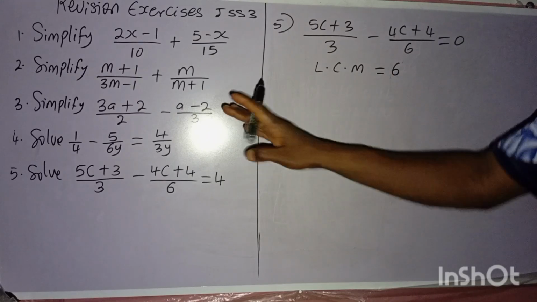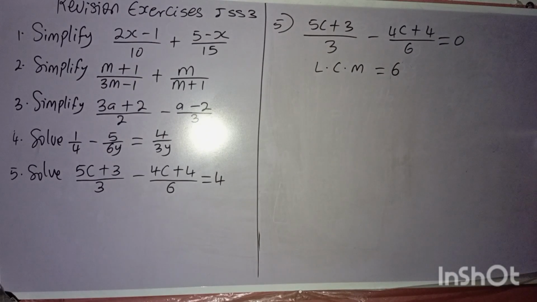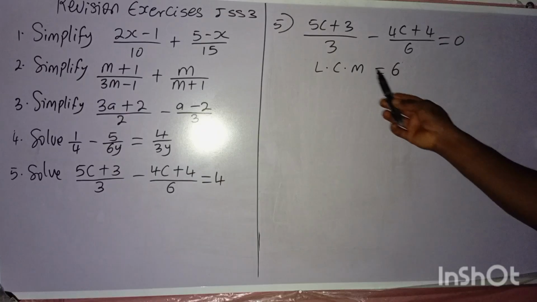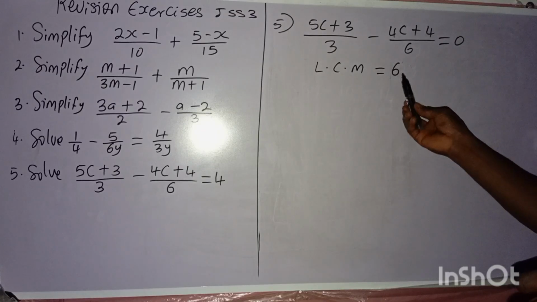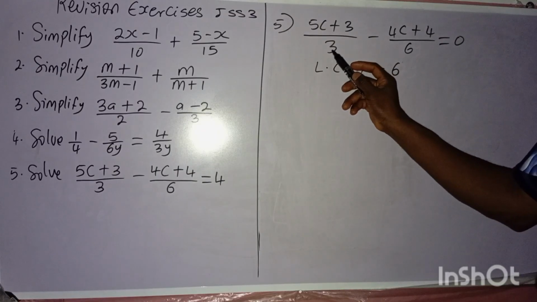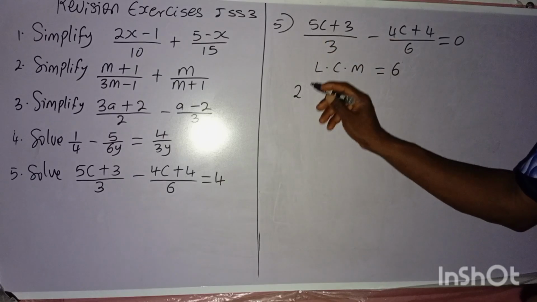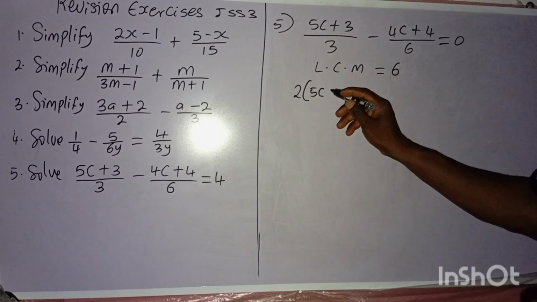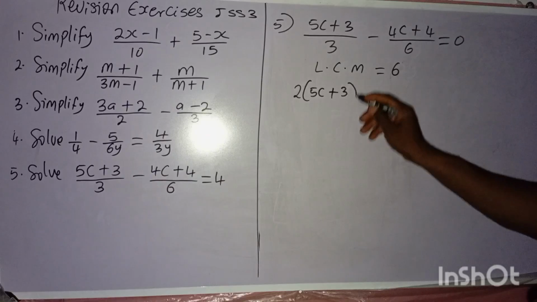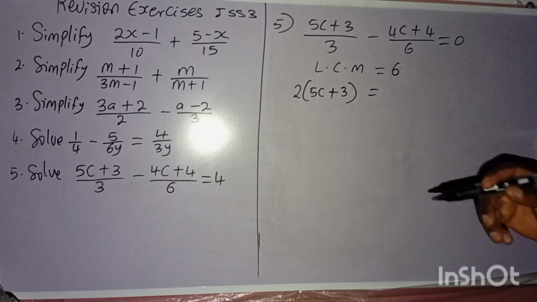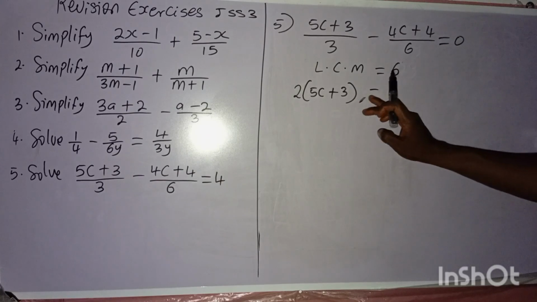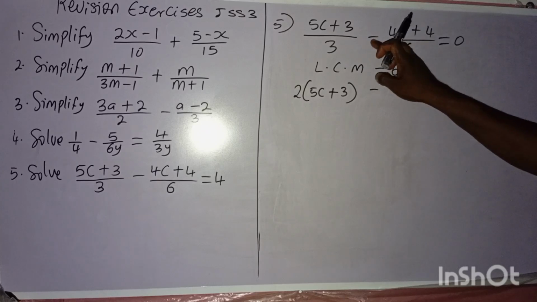So just like we did in the fourth question, we take one fraction after another. So 6 divided by 3 will give us 2. 2 multiplied by the whole of this will give us 2 bracket 5c plus 3. Then we move to the next fraction, that is a minus.